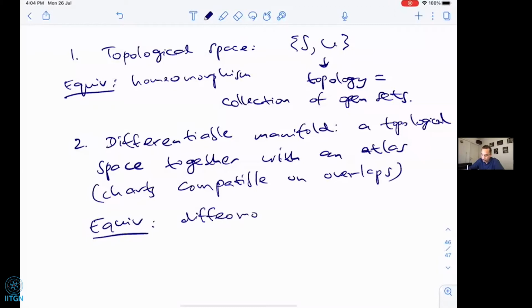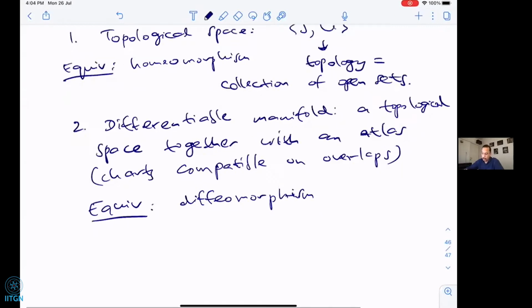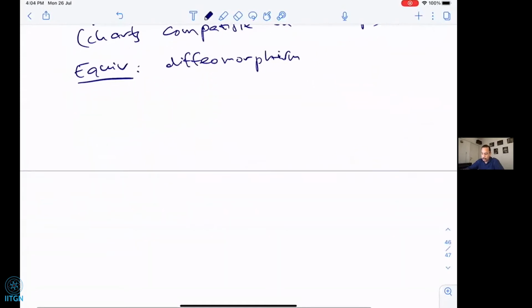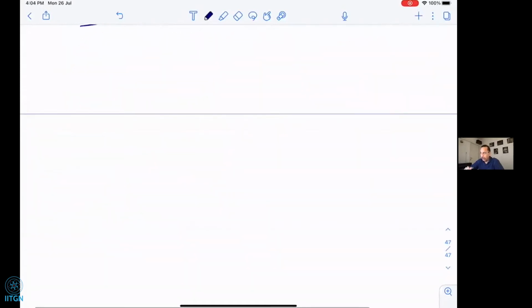But first, I need to define a few things, so give me a minute. So this is a summary of where we are now. Now I need to define some things, and the first thing I need to define is the following.